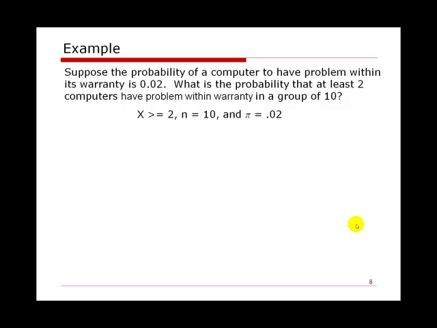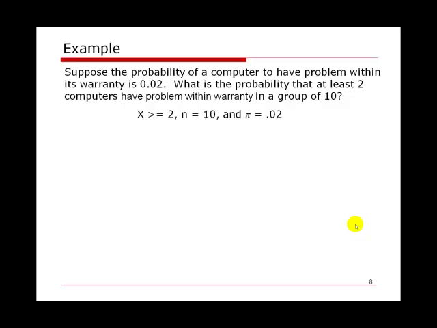I'm looking at least 2 computers, which means I'm looking at the probability that includes 2 computers have problem within warranty, 3 computers have problem within warranty, and all the way up to what? All the way up to 10. All 10 computers have problem within warranty in a group of 10.